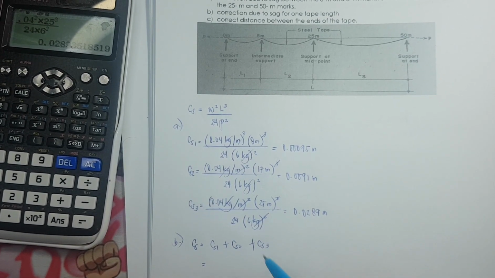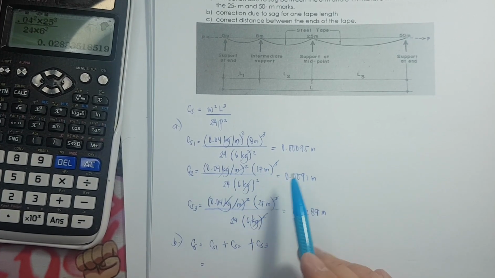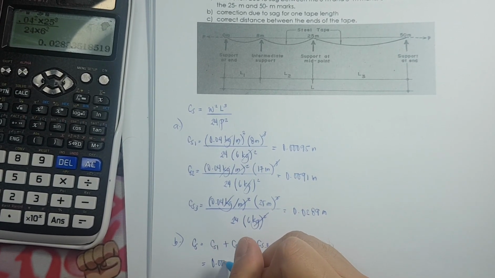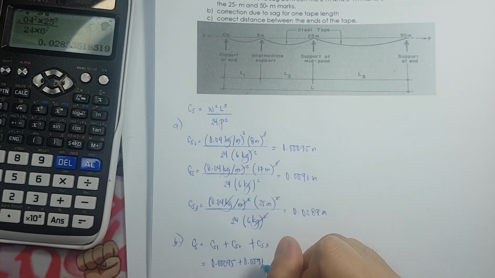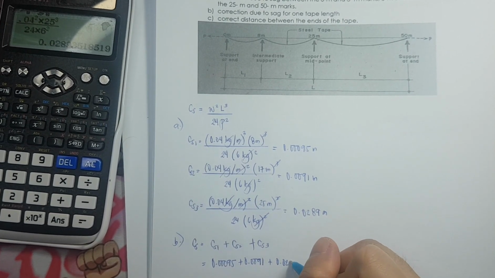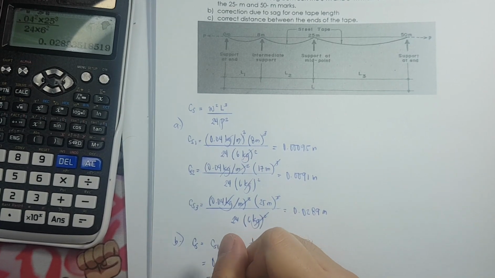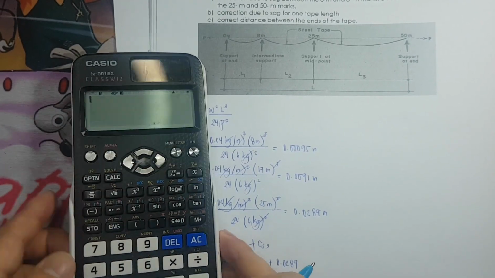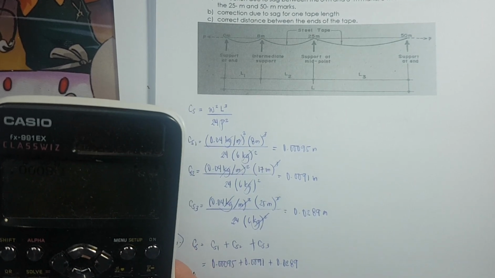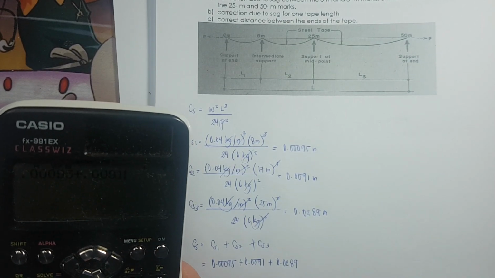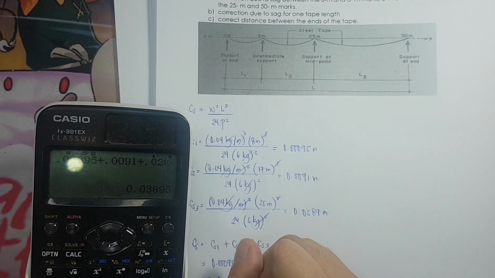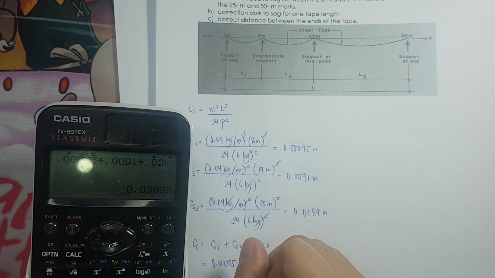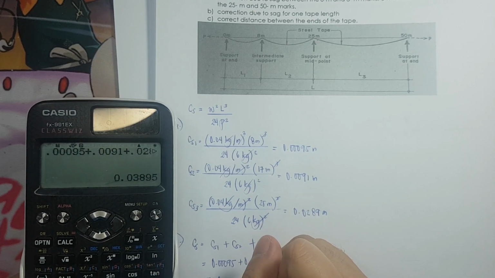And that is equivalent to, what is CS1? 0.00095 plus 0.0091 plus 0.0289. That is equivalent to 0.039 meters.